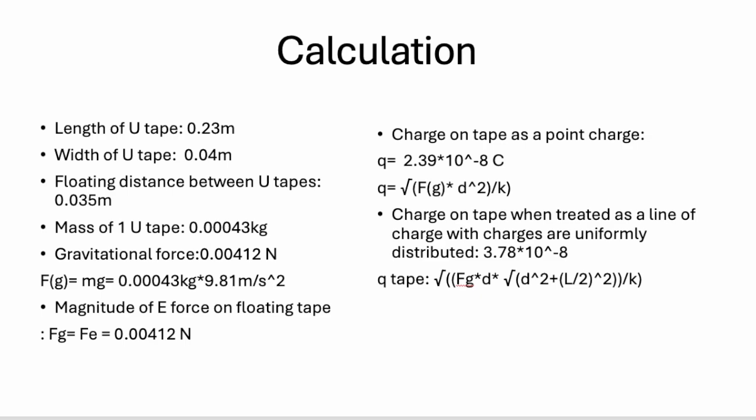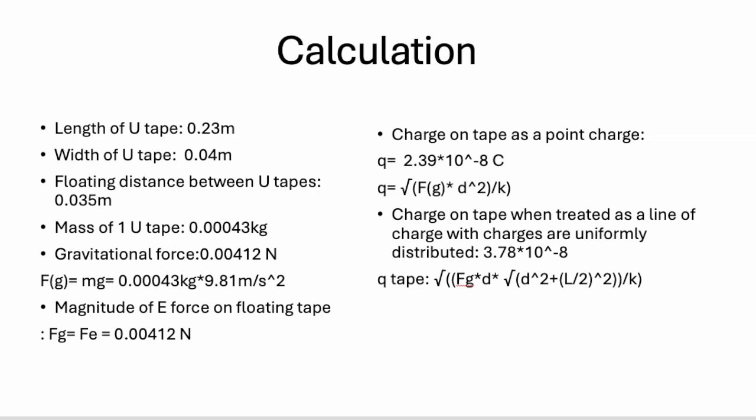The gravitational force was calculated using the F equals mg equation, which was 0.00412 newtons, and the magnitude of the E force on the floating tape was equal to the gravitational force, which was 0.00412 newtons. The charge on the tape as a point charge was Q equals 2.39 times 10 to the negative 8 coulombs, which was calculated by the above equation here.